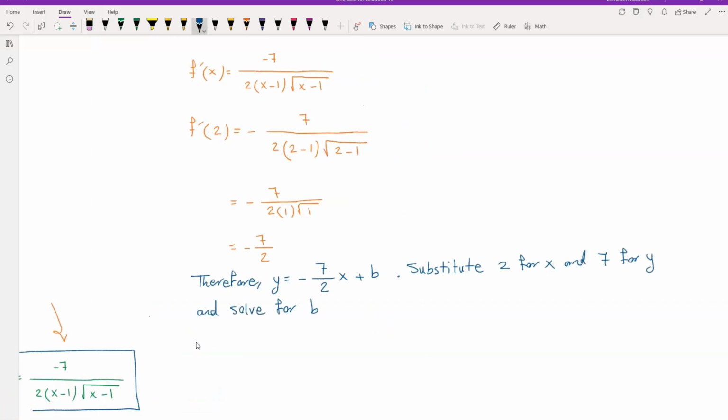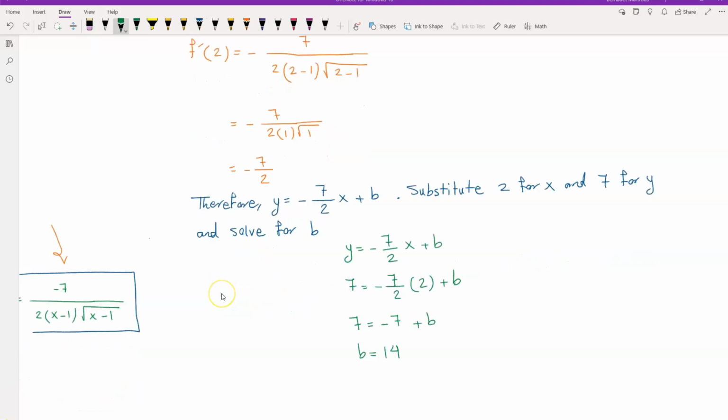So what we have here, y is equal to negative 7 divided by 2 times x plus b. Now we have to substitute what was given for our point, x was 2 and y is 7. And then solve for b. So here substitute 2 and 7. For y we have 7 and for x we have 2.